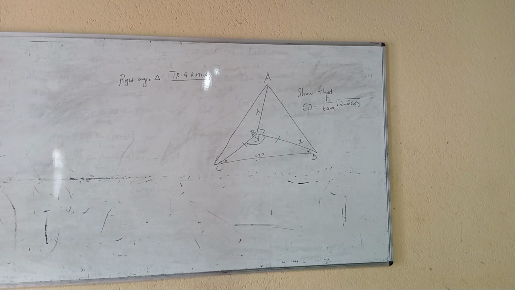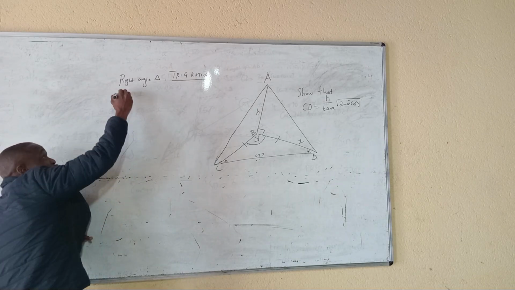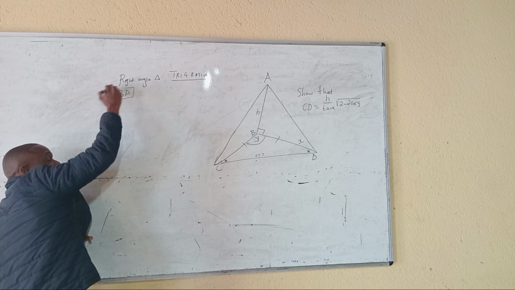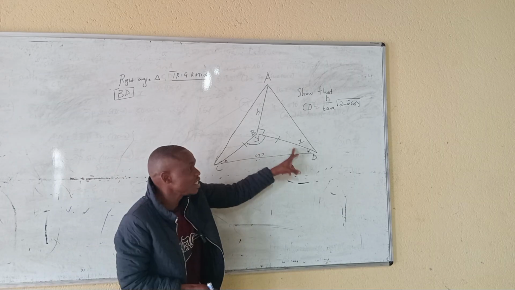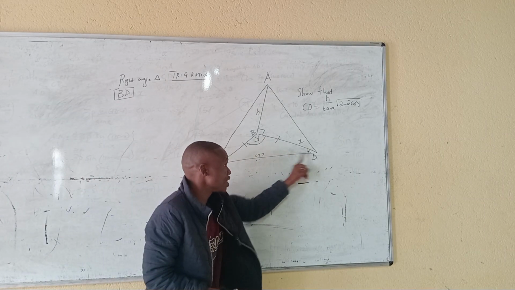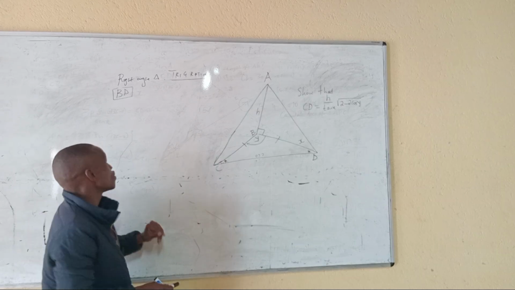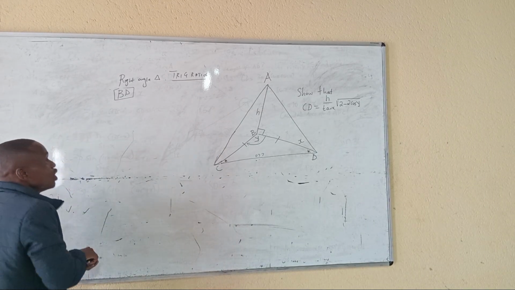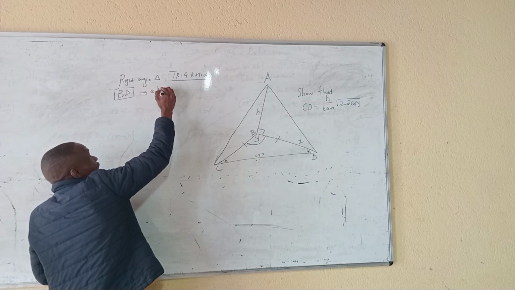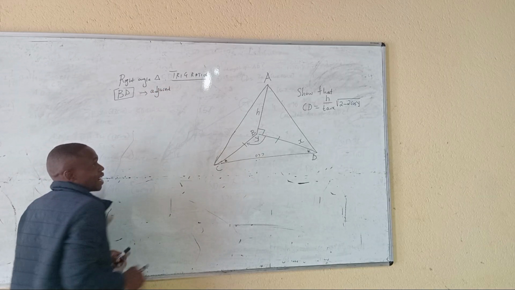So we're going to use which trig ratio? What am I looking for now? I want to find BD. I believe that if I can find BD, it will assist me in finding CD. So I'm looking for BD, which is actually the adjacent side on this right angle triangle.